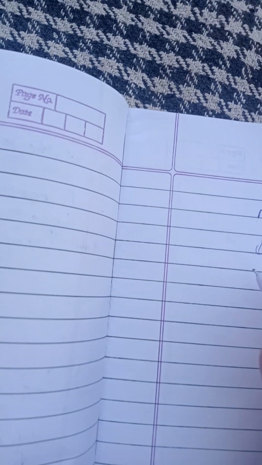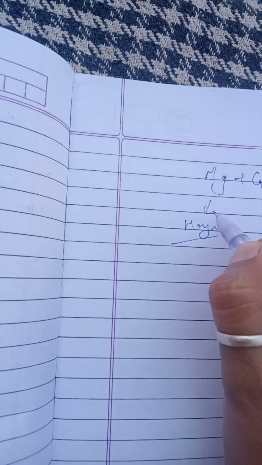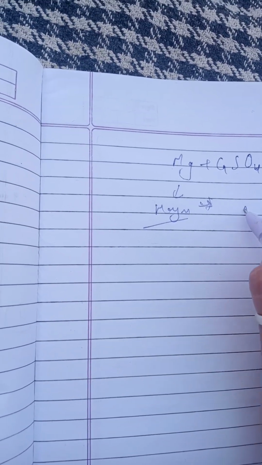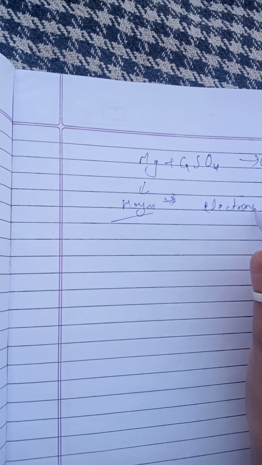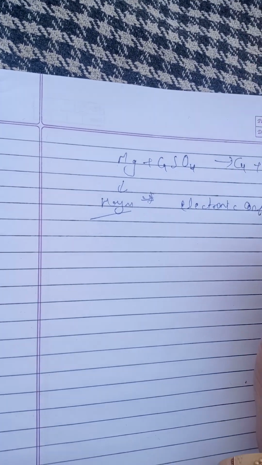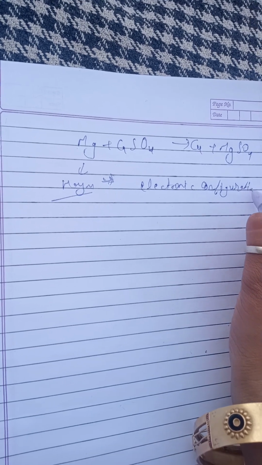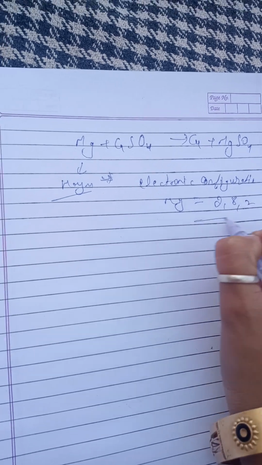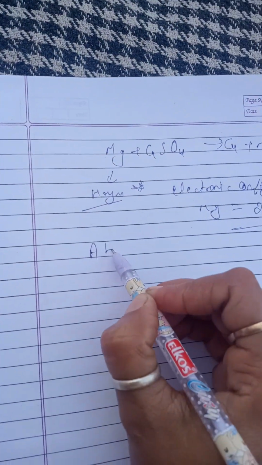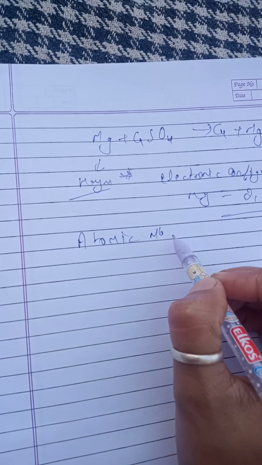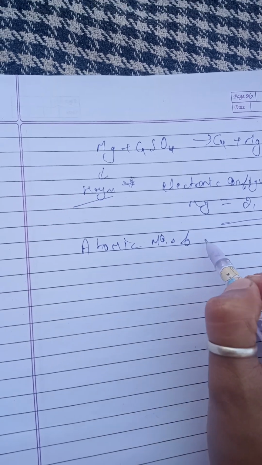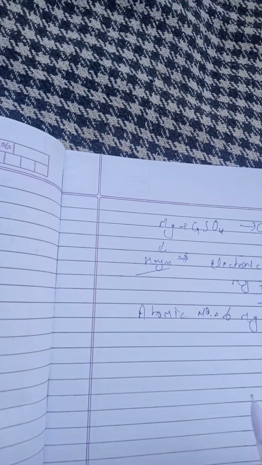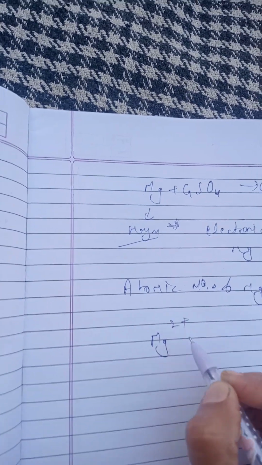We know that Mg is the magnesium and the electronic configuration of Mg is 2, 8, 2, because the atomic number of Mg is equal to 12, so we can say that Mg is equal to 2 plus.